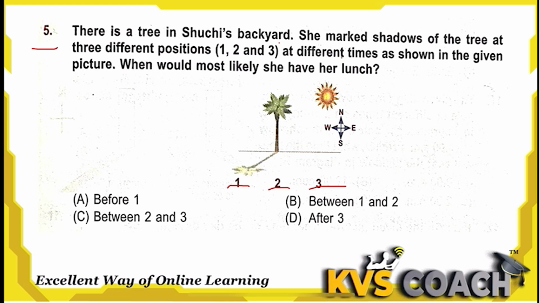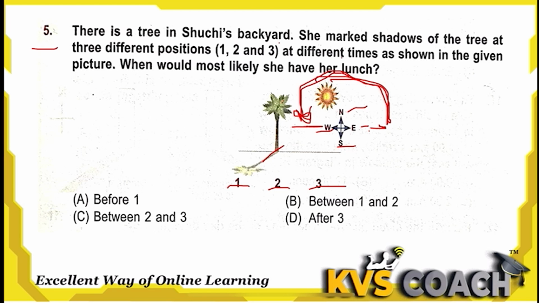Look, this is east, this is west, this is north and this is south. The sun rises from the east and goes to the west, this way, and here it sets. Here it rises, here it sets. When the shadow of the first tree is here, it means the sun is rising.